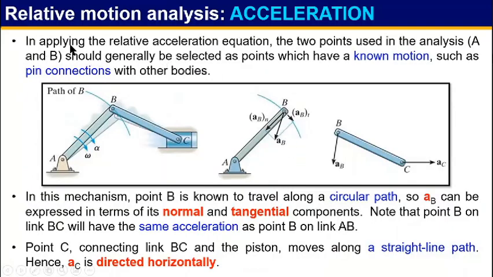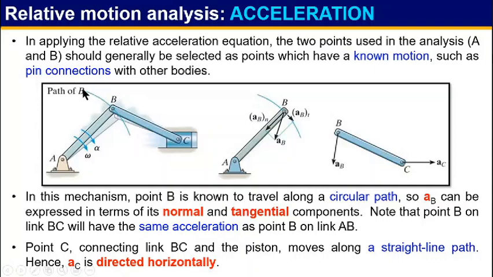Now, in applying the relative acceleration equation, the two points used in the analysis, A and B, should generally be selected as points which have a known motion, such as pin connections with other bodies. In this mechanism, point B is known to travel along a circular path.